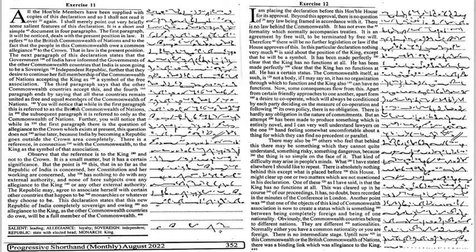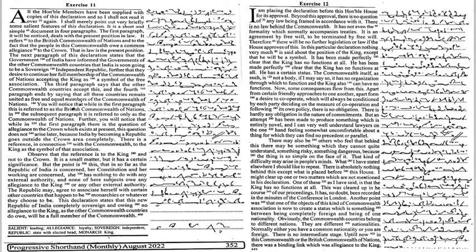The next paragraph of this declaration states that the Government of India have informed the governments of the other Commonwealth countries that India is soon going to be a sovereign independent republic. Further, that they desire to continue her full membership of the Commonwealth of Nations, accepting the King as a symbol of the free association.